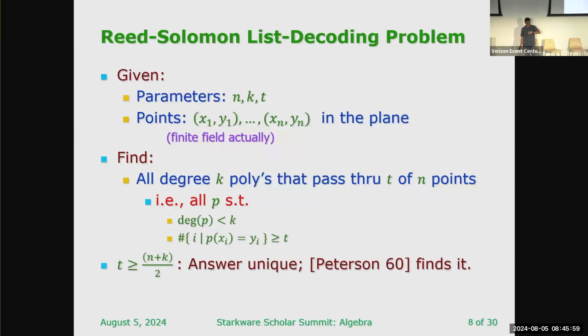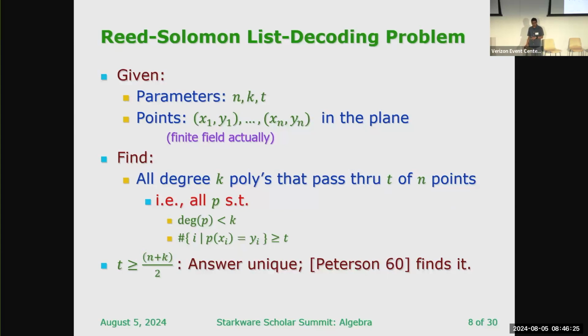By the way, what we claimed earlier was that if t happens to be greater than (n plus k)/2, so the number of errors is less than (n minus k)/2, then the answer is unique. It can be solved, and it was solved in 1960 by Peterson in an algorithm which was polynomial time. So before the definition of polynomial time algorithms existed, this polynomial time algorithm existed.